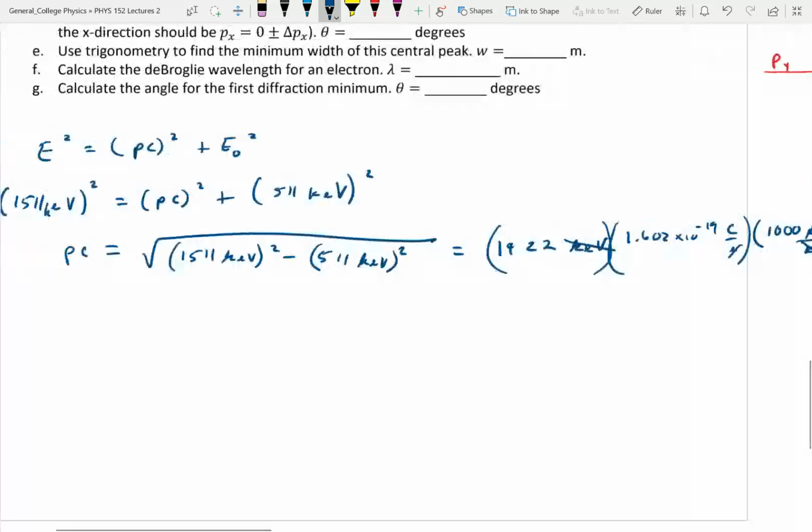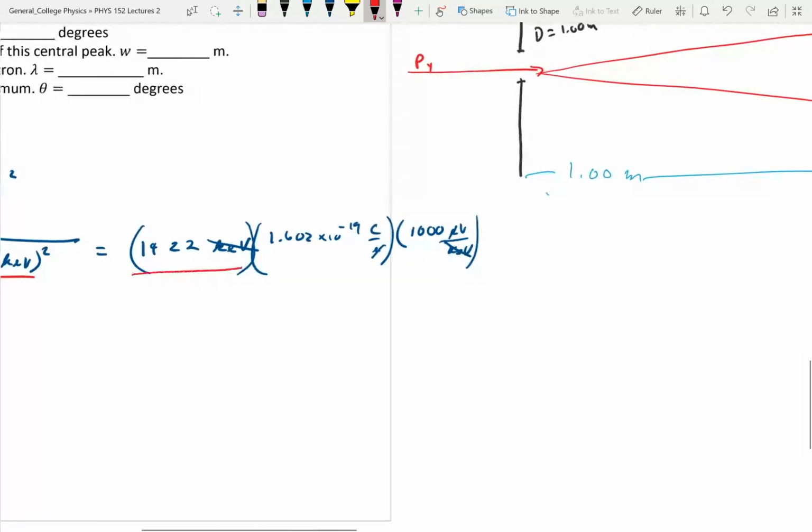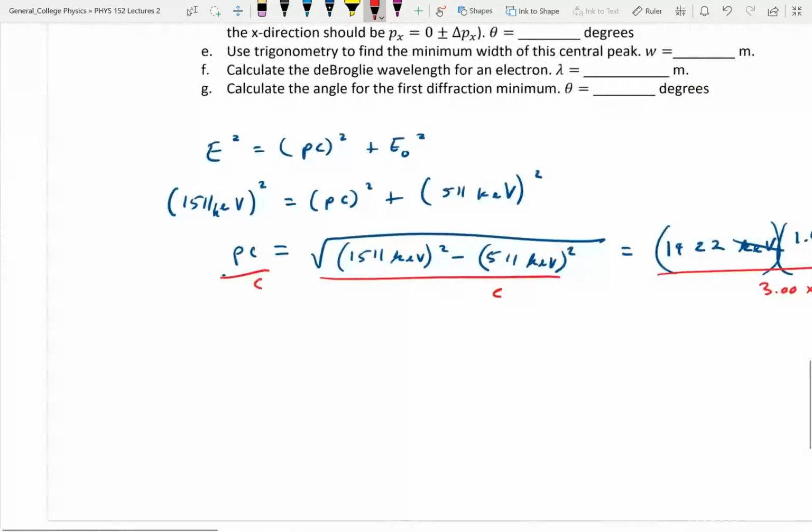And then I want to divide everything by C. So I'm going to do this in a different color just so we see that I've done it. And I end up with my momentum in the y direction is equal to 7.60 times 10 to the minus 22 kilogram times meters per second.